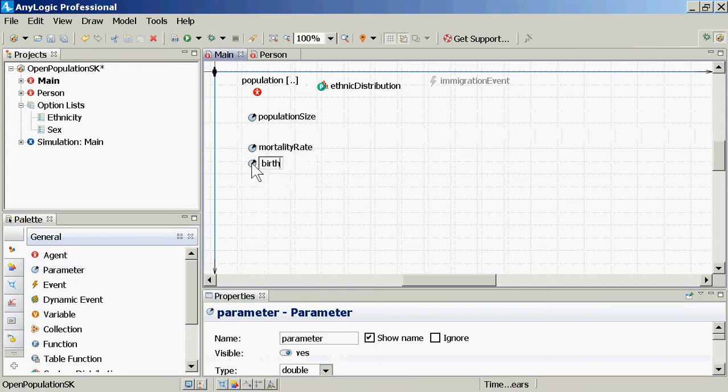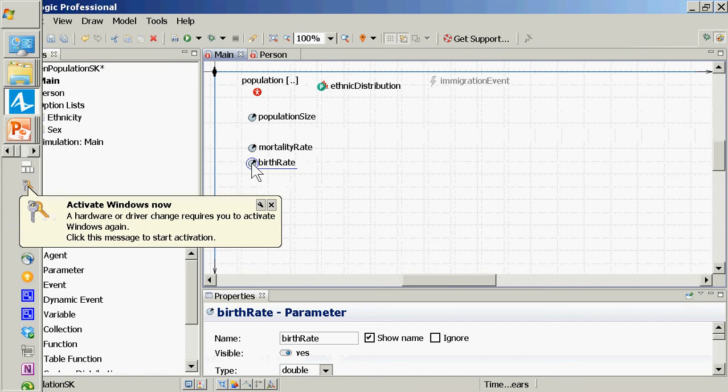Now, I'm adding them to main rather than person for a couple of reasons. They're not going to vary between people. They're going to be easy to set because they're in main. We'll be able to set them from the experiment. And because it'll be less cumbersome when it comes to adding people into the population. For all these reasons, I'm going to put these in main.